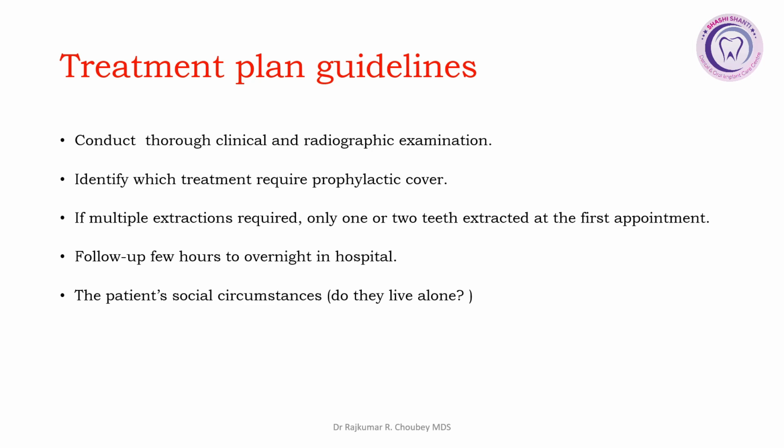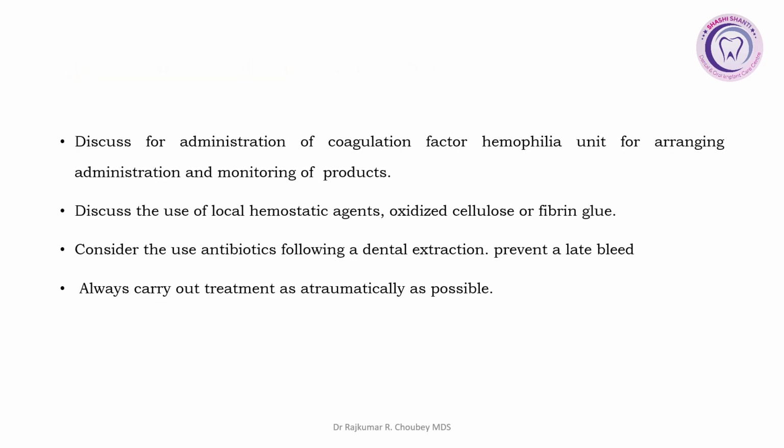Discuss with the hemophilia unit for arranging, administering or monitoring the products, or administering the hemostatic agent or factor replacement. Discuss the use of local hemostatic agent, oxidized cellulose or fibrin glue. Consider the use of antibiotic to cover inflammation or infection before extraction to prevent bleeding. Always carry out the treatment atraumatically. Atraumatically means giving minimum trauma to the area.